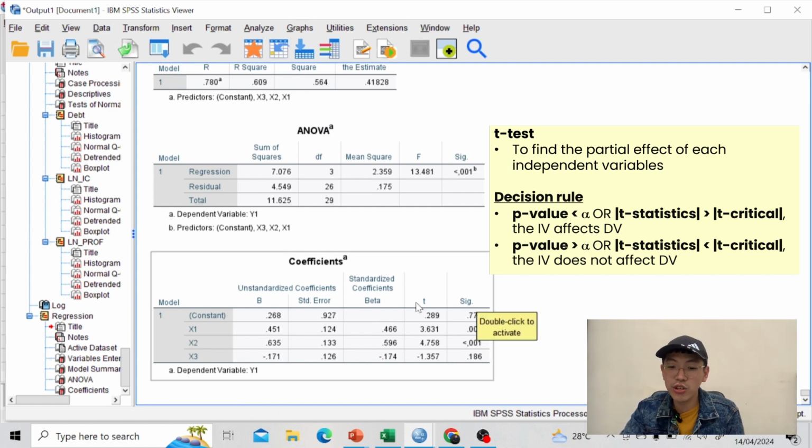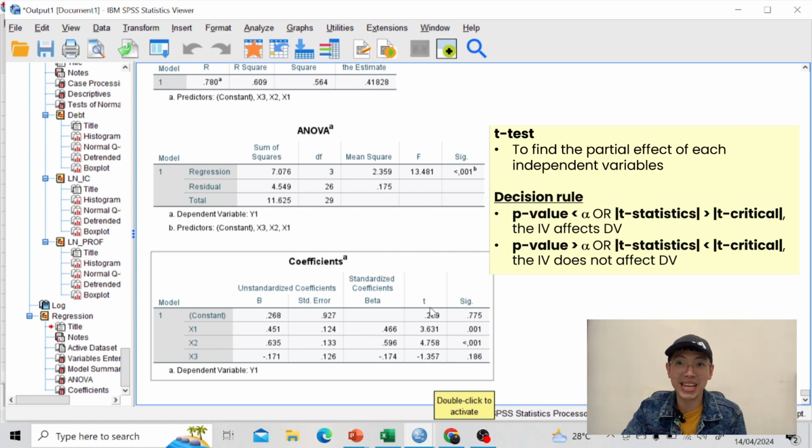Actually, you can use the t statistic as well. This is the t statistic or the t calculation. To know, you need to compare the t calculation or t statistic with the t table, but it is complicated. So it is easier for you to find from the sig or the p value.